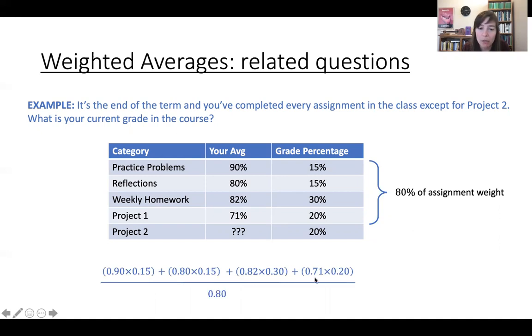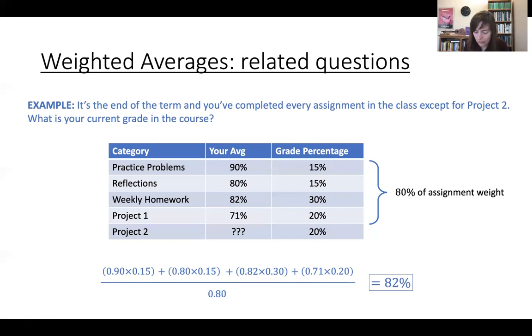This is how much of the current 80% you've got, which would be 82% if I calculated that correctly. Although now I'm worried. Let's be thorough and see if I have another typo to correct. So 0.90 times 0.15 plus, you do this too, for those of you watching from home.